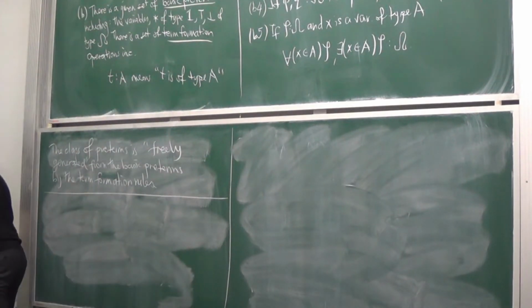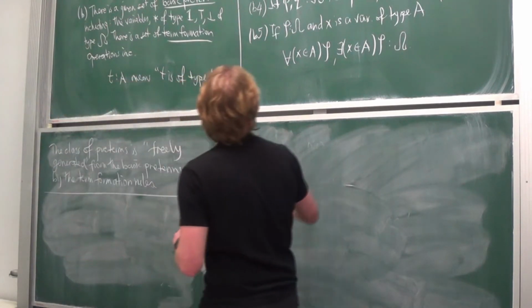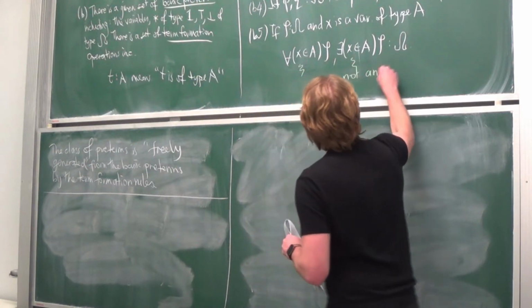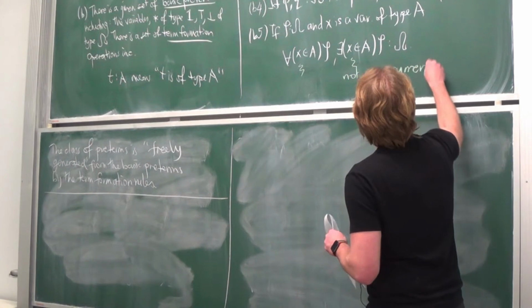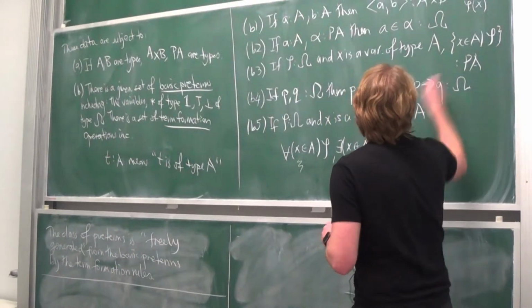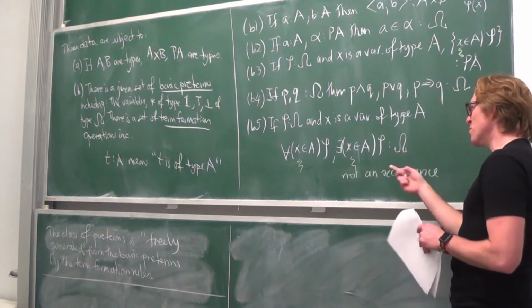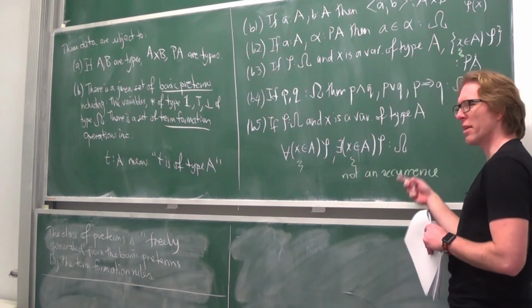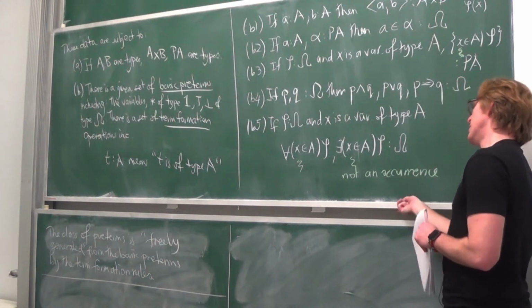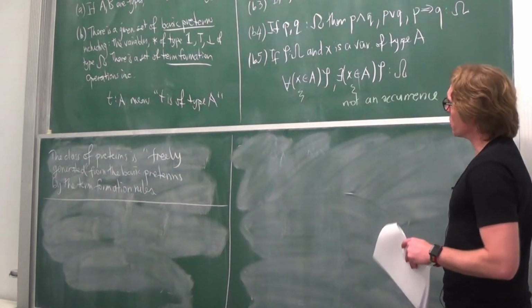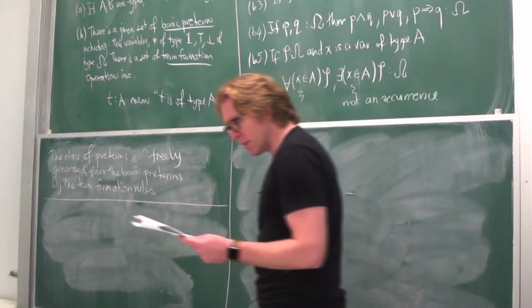In the following, whenever I say an occurrence of a variable in a preterm, I won't mean these, or that up there. Whenever I say substitute for an occurrence, or an occurrence is free or bound, it's just like the x in lambda x. By the usual rules, we decide whether a given occurrence of a variable is bound or free.